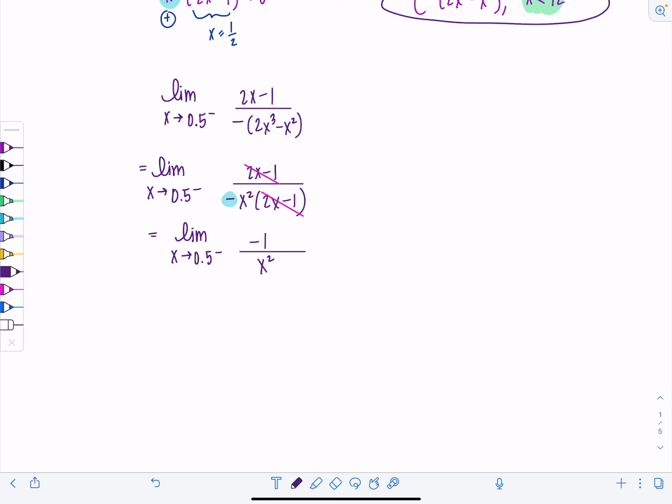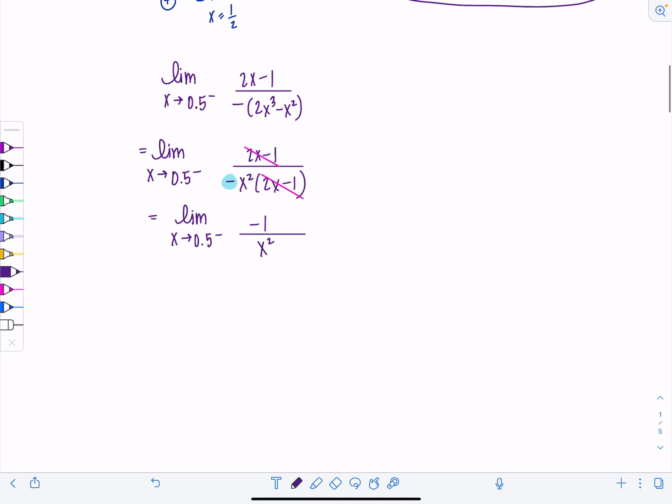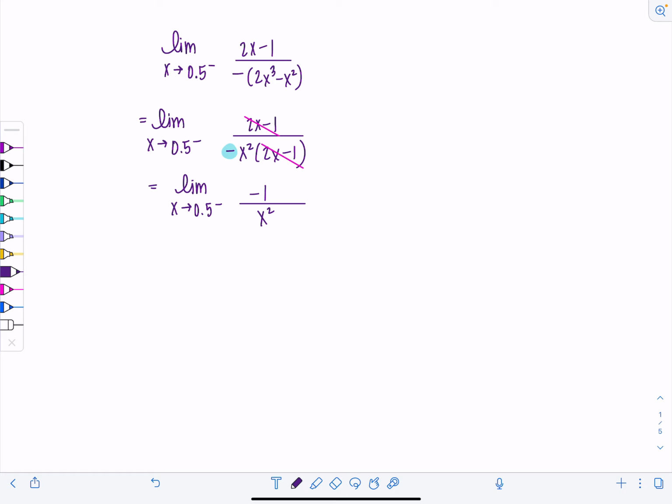Fabulous. Now I can just use direct substitution, meaning plug in wherever x is going to find the limit. So x is going to 0.5. It doesn't matter that it's from the left anymore. That just helped me pick the correct part of the piecewise function. So we have 0.5 squared. Please do not grab your calculator. You can do this. 0.5 squared is 0.25, correct?